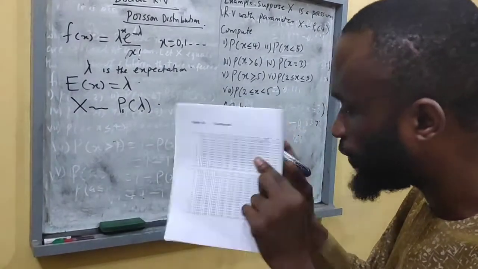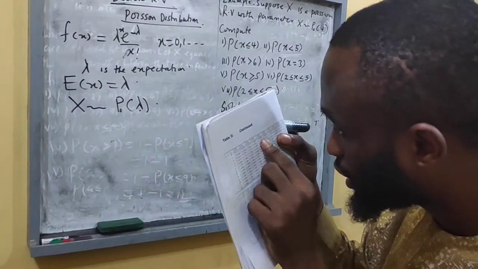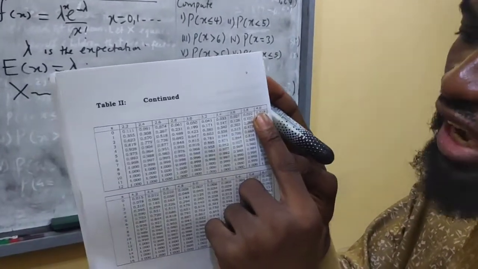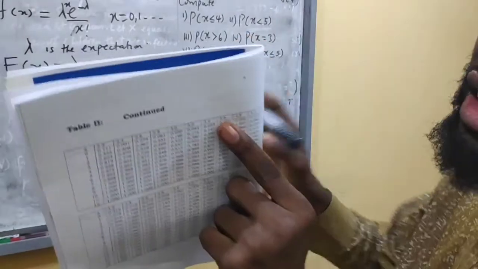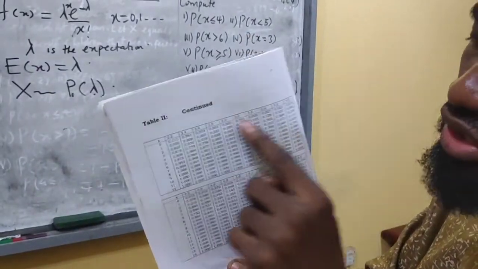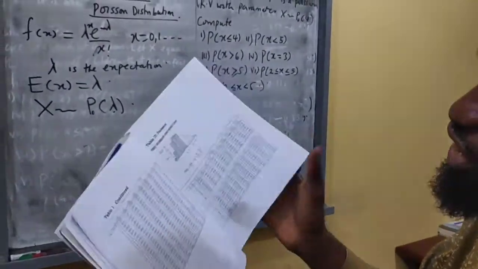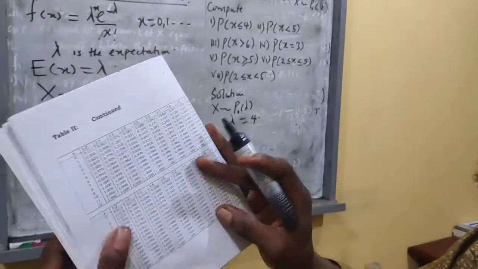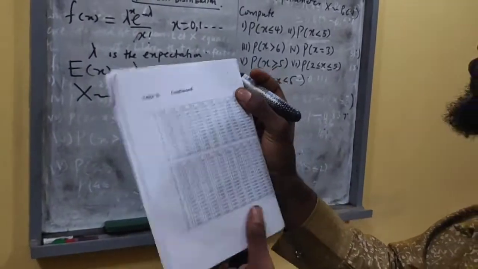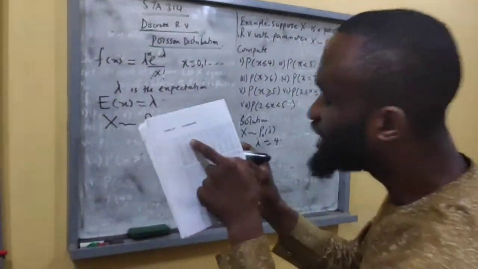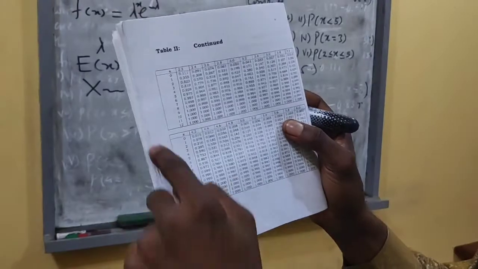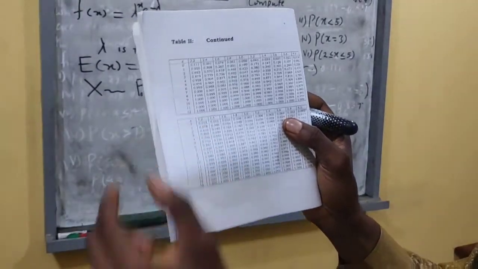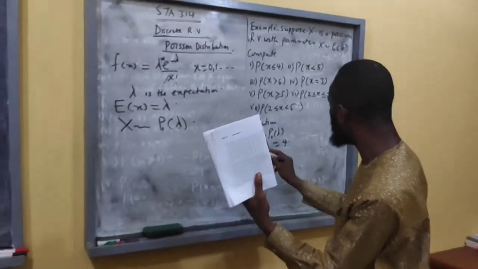If I can see 4, yes, okay, 4.0, we have 4.0 here. That is the value of my lambda. You see it, lambda is the horizontal values here, which is your expectation. Now the first one you want to get, you only need the value of lambda and the value of x. The value of lambda is horizontal, while the value of x is what? Vertical.